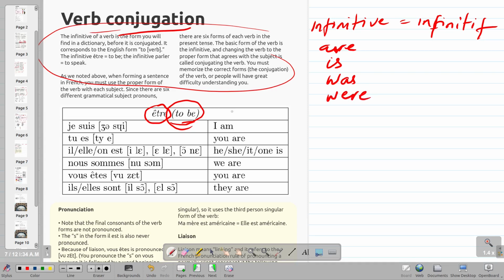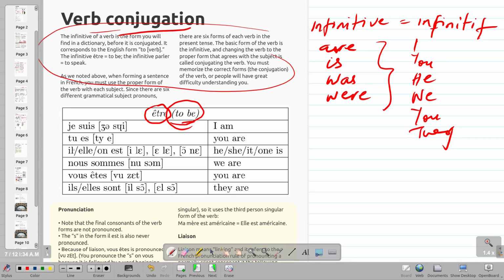You'll be seeing this verb mostly in these forms because these forms accompany the subject pronouns I, you, he, she, it, we, you, they. So you're seeing it mostly in action already, conjugated.